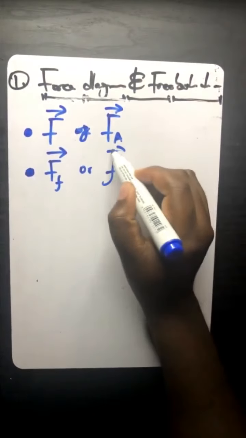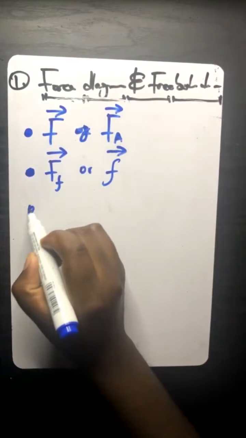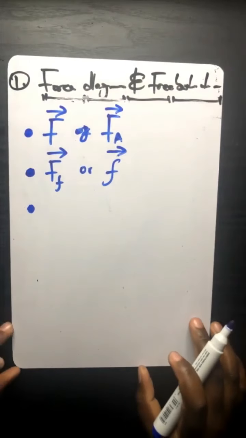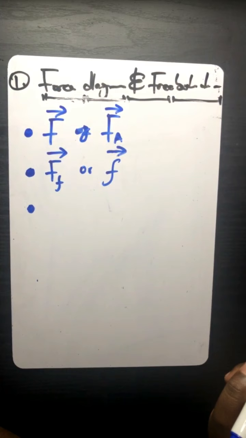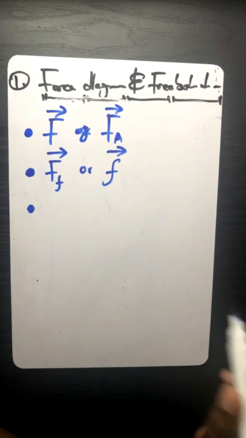So the other type of force which could potentially be a part of your answer when you draw a force diagram or a free body diagram is the frictional force.